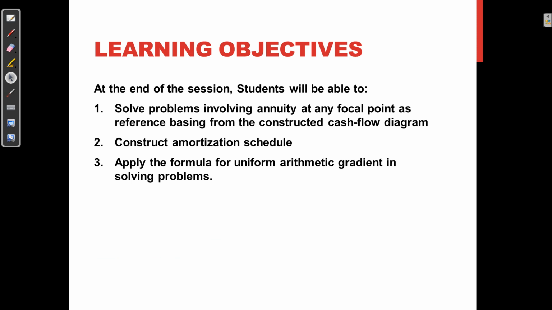Okay, so we have been used to this, ano? Then secondly, we are going to construct an amortization schedule based from the computed annual payments. And then number three, apply the formula for uniform arithmetic gradient in solving problems.